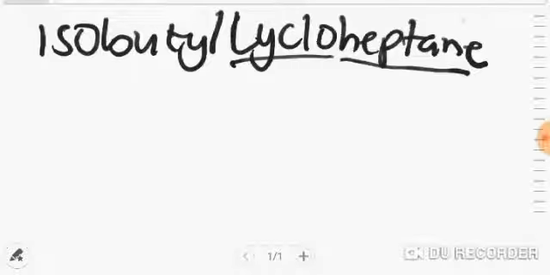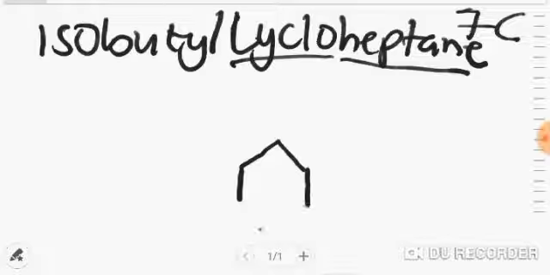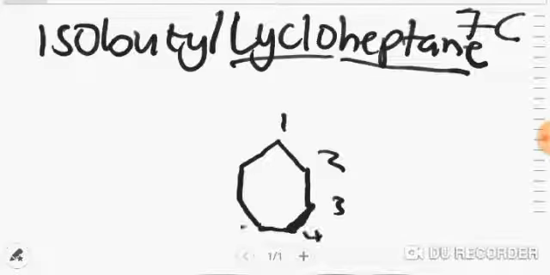Heptane, we have seven carbon atoms. So let's draw this first. That looks more like it. So we have 1, 2, 3, 4, 5, 6, 7 carbon atoms, right? And then we have isobutyl.